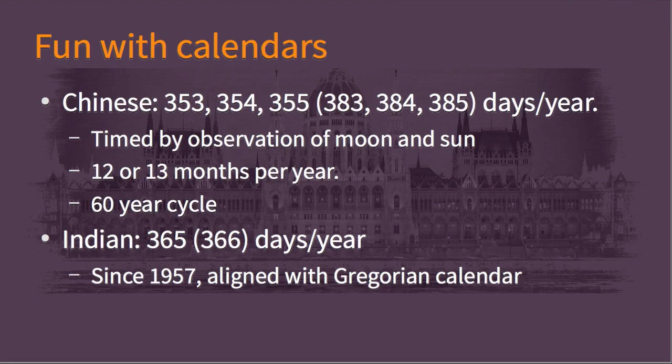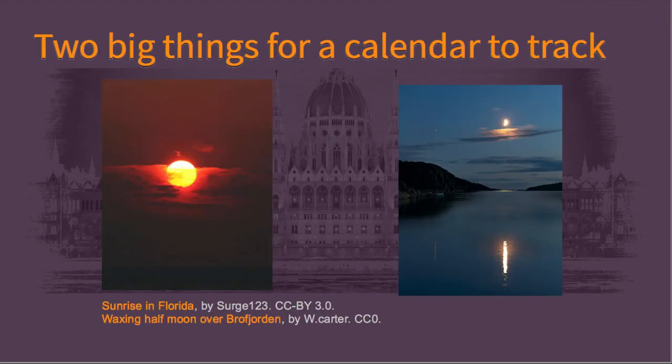There is an Indian calendar, which since 1957 has been aligned along with the Gregorian calendar, but there's older roots to that. So clearly what we see from this is that the sun and the moon are really important things to humans when making a calendar. And that's a very big difference from a simple model where the day is always 86,400 seconds long and there's a predetermined number of days in the year.